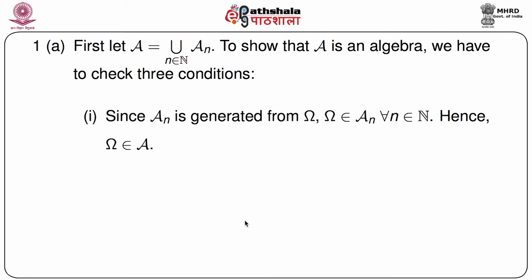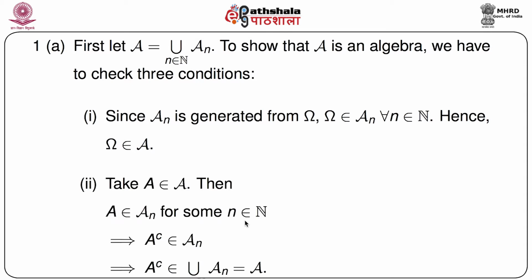The first one: note that each A_n is generated from omega, so naturally omega belongs to script A_n for every n. And so omega belongs to the union, and hence omega belongs to script A.